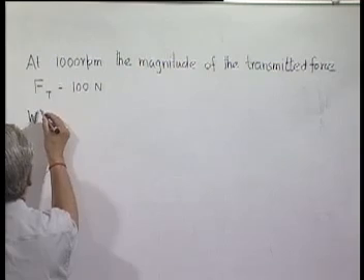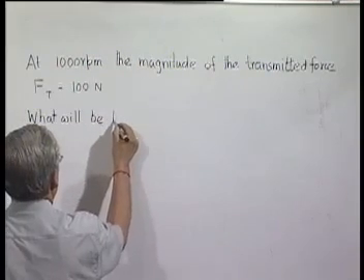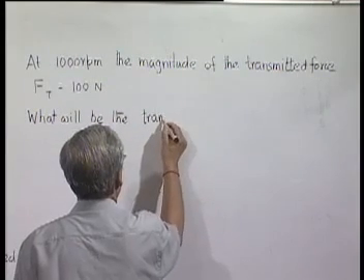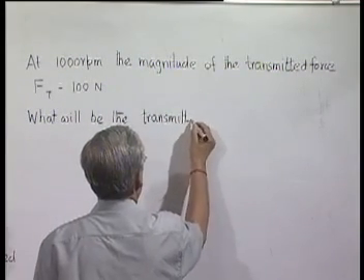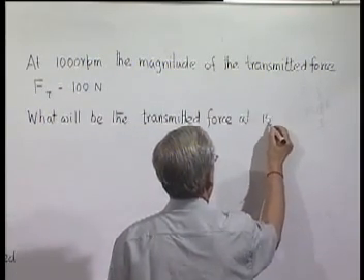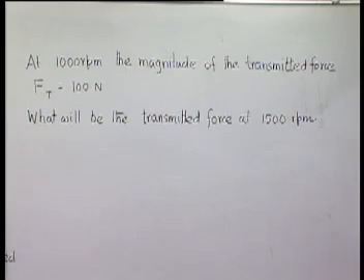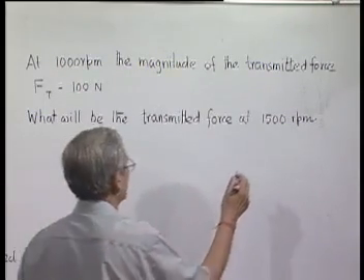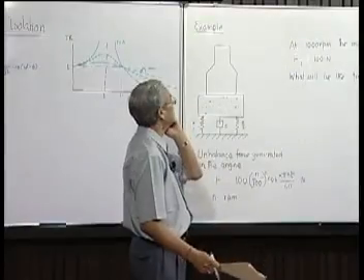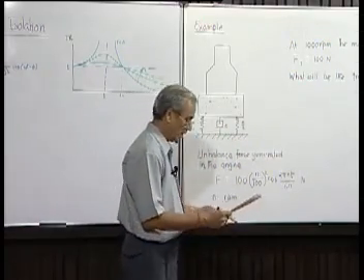So, if the question is this, that given the information that at 1000 RPM of the engine, the magnitude of the transmitted force is 100 Newton, then if the engine runs at 1500 RPM, what will be the transmitted force?